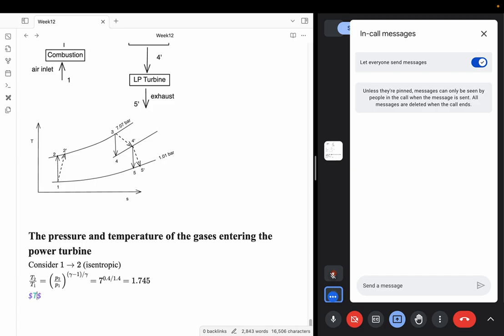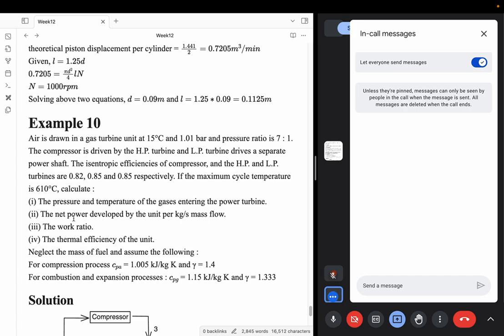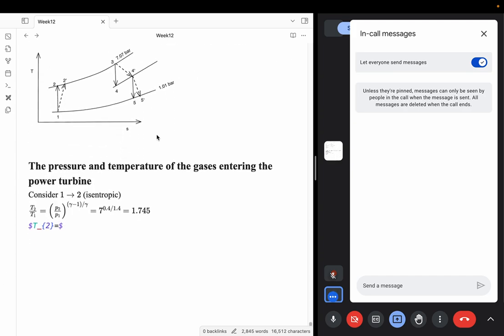Now T2 will be 1.745 times T1. T1 is given as 15 Celsius.